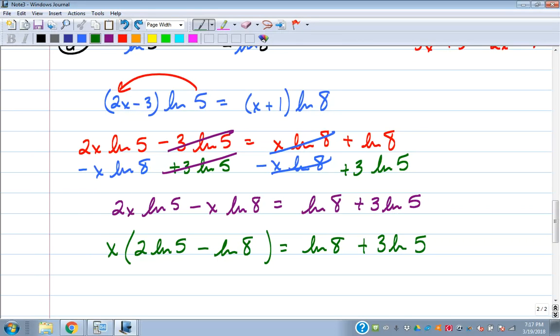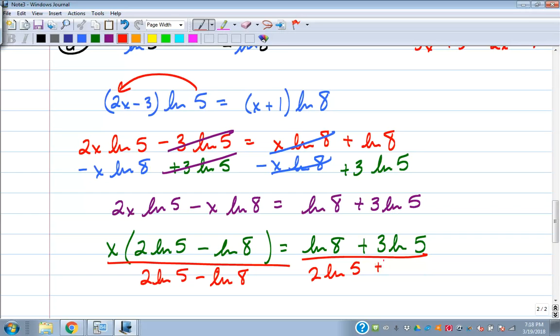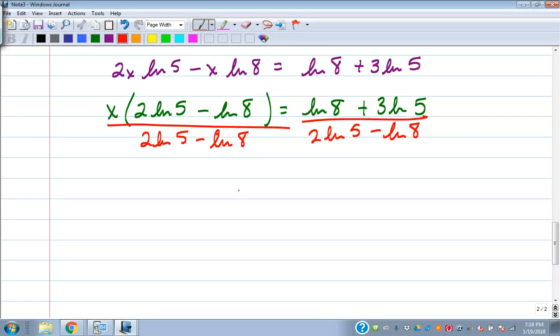I'm going to divide by this number to get x by itself. So x equals the natural log of 8 plus 3 natural log of 5 divided by 2 natural log of 5 minus natural log of 8.